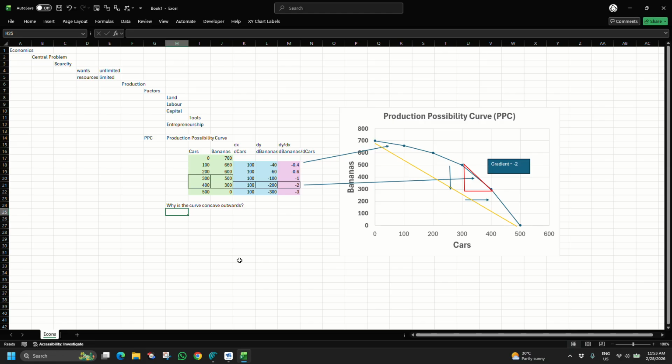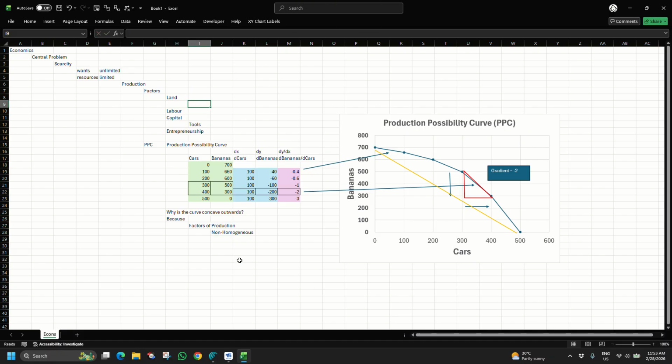It is concave outwards because of the factors of production being non-homogeneous. What does non-homogeneous mean? For example, we talk about land. You have different types of land.